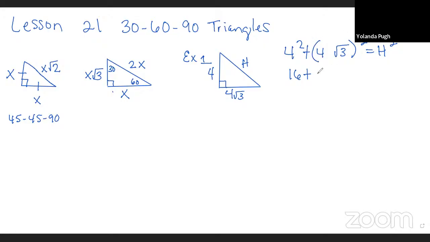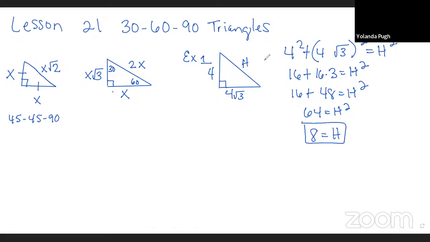So 4 squared is 16. The square root of 3 squared is 3, and that's equal to h squared. So we're going to have 16 plus 16 times 3, which is 48. 16 plus 48 is 64. The square root of 64 is 8, so h is 8.